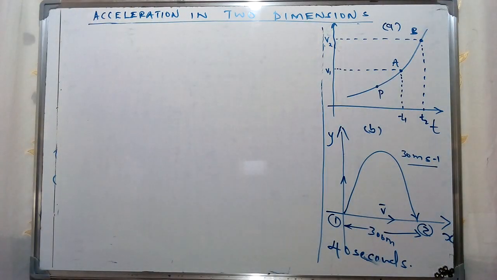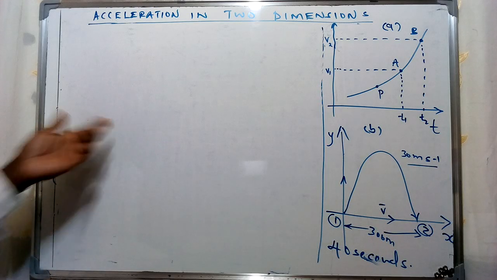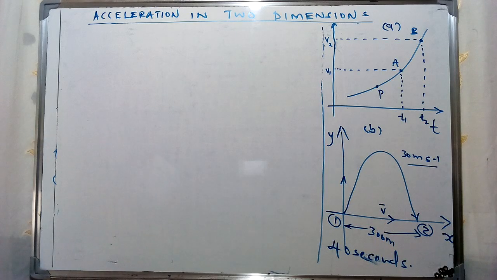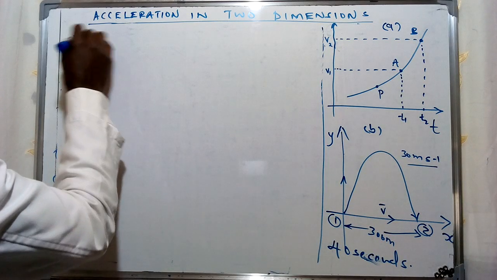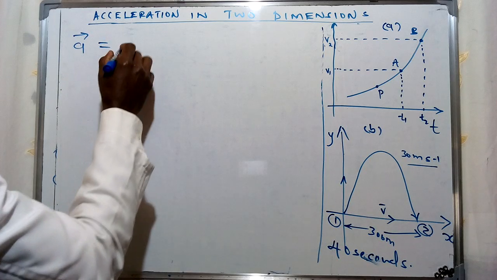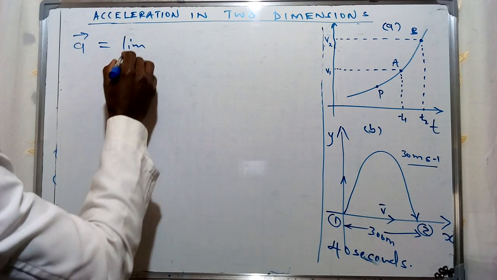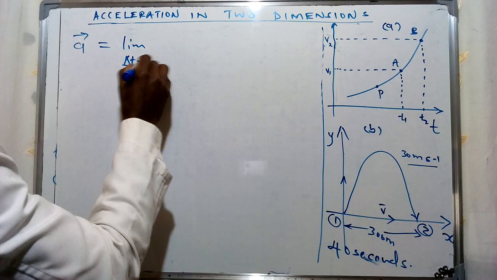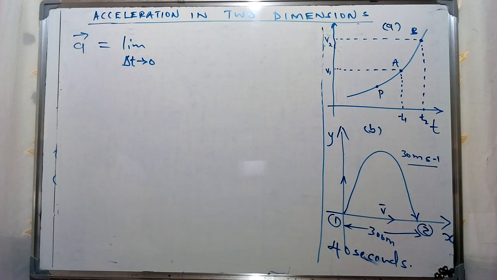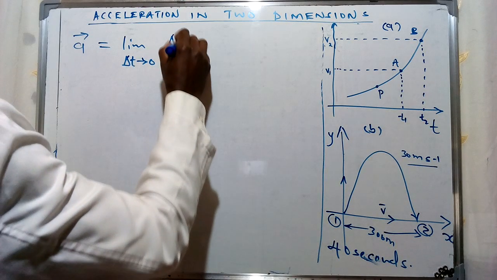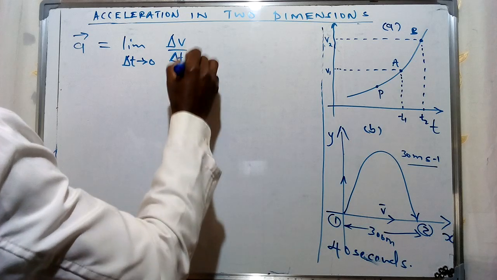So in order for us to evaluate this, we're going to consider instantaneous acceleration, as we said, as the limit of the average acceleration as the time interval goes to 0. And this can be represented as the acceleration equal to the limit as the time interval delta t tends to 0 of the average acceleration, given in terms of delta v over delta t.